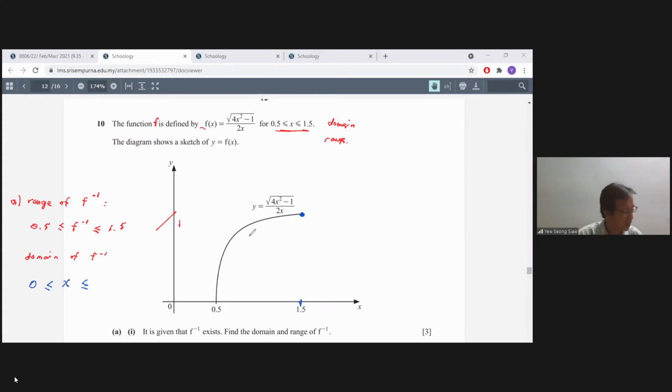I don't know what the answer is. You key in your calculator. Then what is the answer? Yes, 2/3.